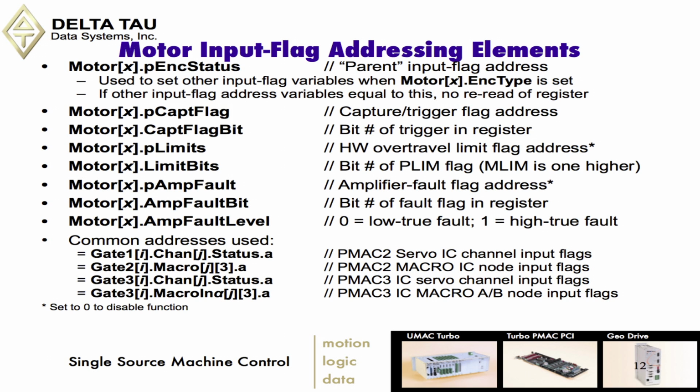I need to get the dot in there to start the IntelliSense. That's how IntelliSense, by the way, knows to start re-looking in its databases as soon as it sees the next dot in the sequence of the structure access. So PCap flag bit, and it has automatically set it to the right bit for a Gate3.